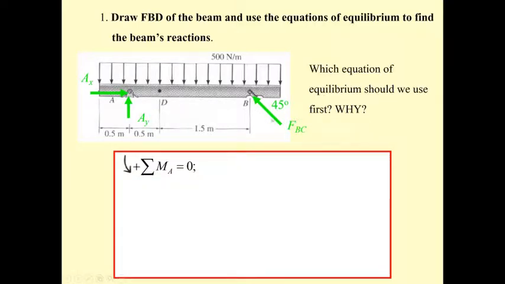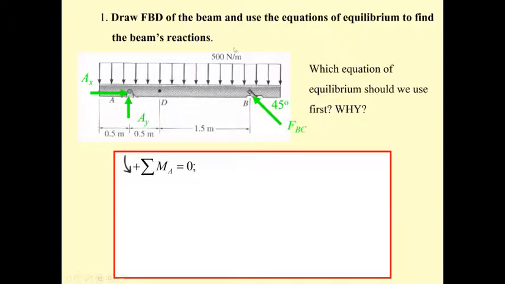The horizontal component of F sub BC, the cosine component, points to A and produces no moment. So only the F sub BC sine 45 degree component is going to produce the moment. And F sub BC sine 45 degree is going to rotate counterclockwise. See my arrow, see my arrow.